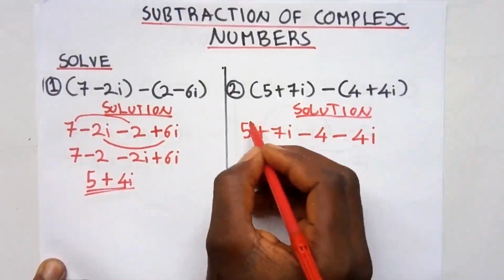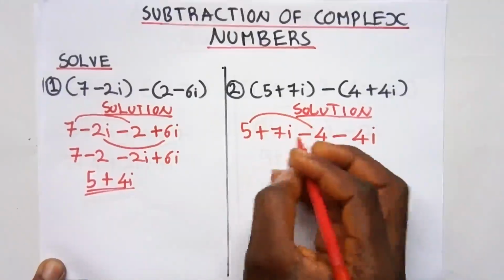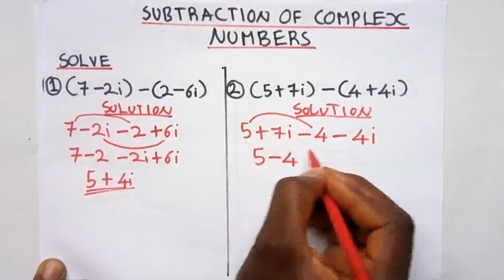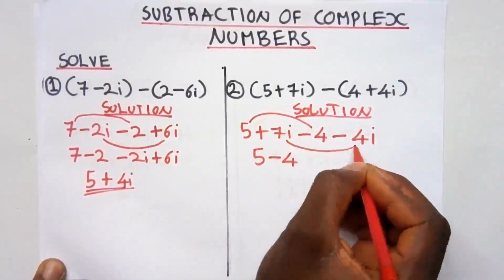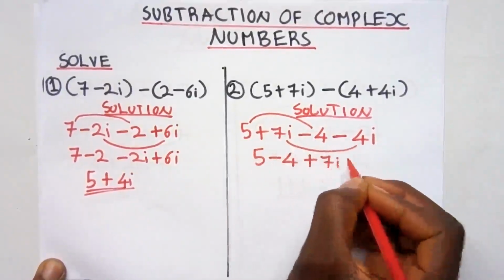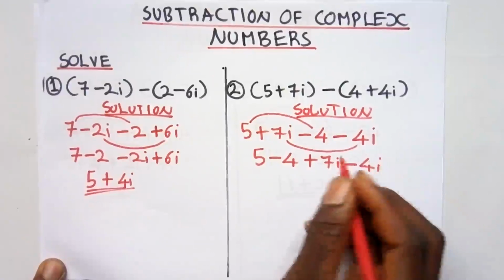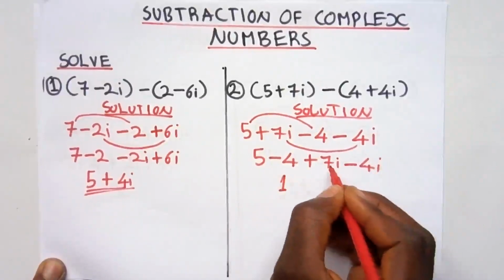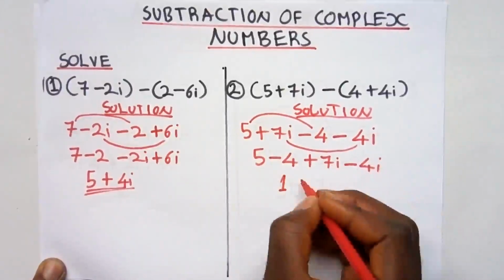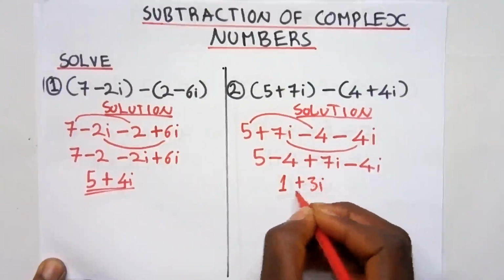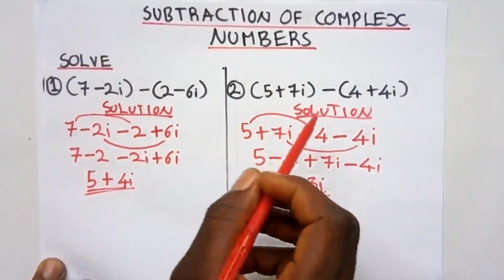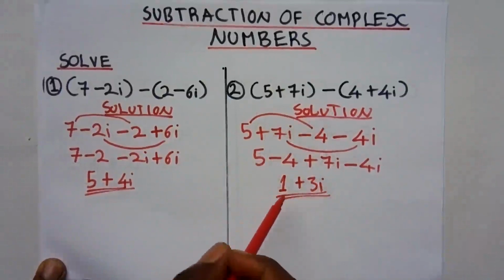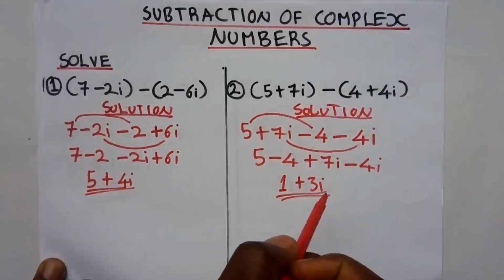So take like terms. 5 minus 4, plus 7i minus 4i. So 5 minus 4 gives us 1, plus 7i minus 4i gives us plus 3i. So when you subtract these two complex numbers, you are going to have a new complex number with the real part 1 and the imaginary part 3.